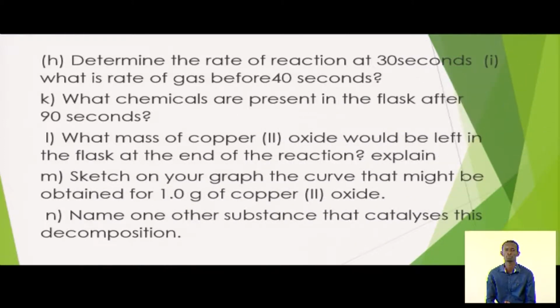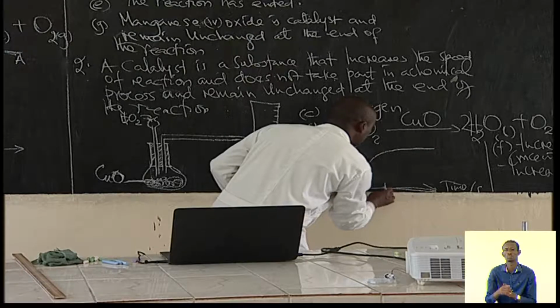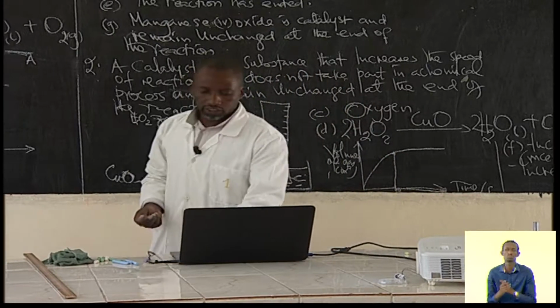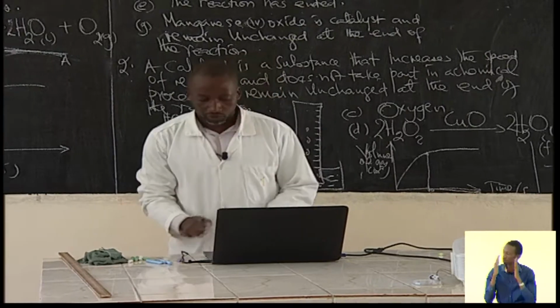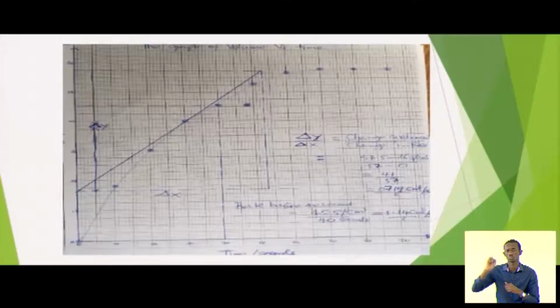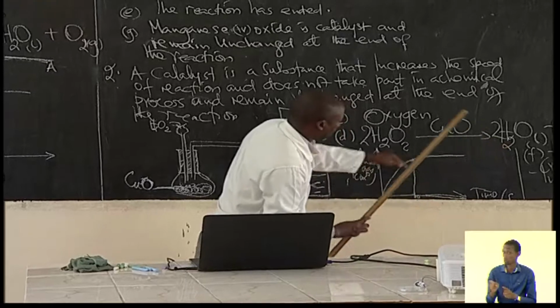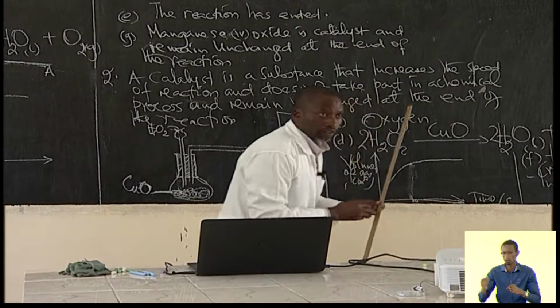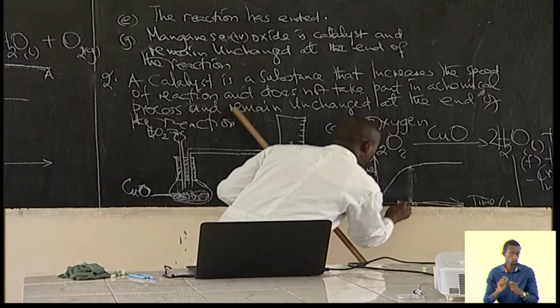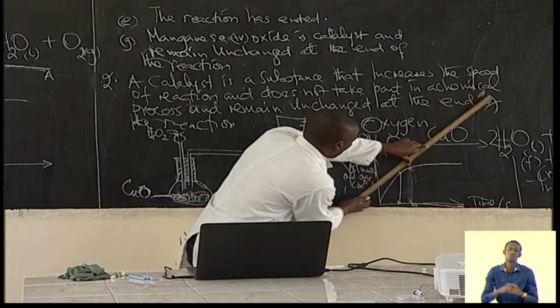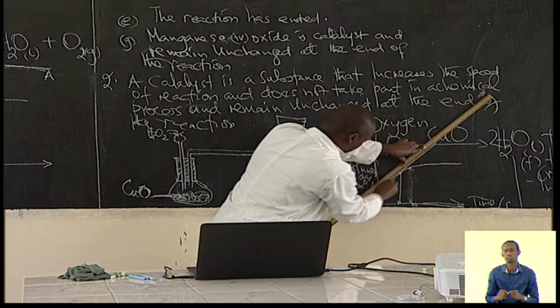So you determine the rate of the reaction at 30 seconds. You remember I said if you have 30 seconds here, then you move at 30 seconds. Then just look at the volume on the sketch graph. Make sure you move from the 30. If this is 30, you draw a straight line, touch the curve here, and then draw a tangent line.